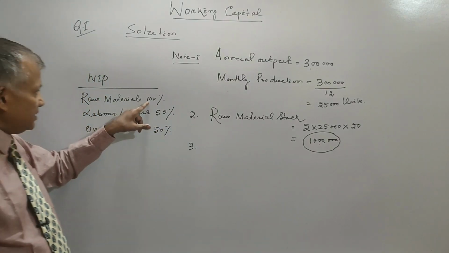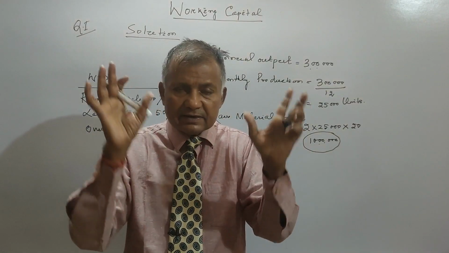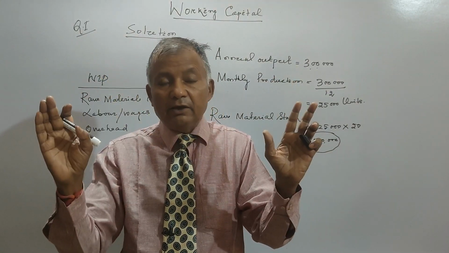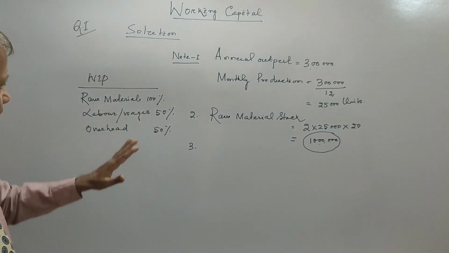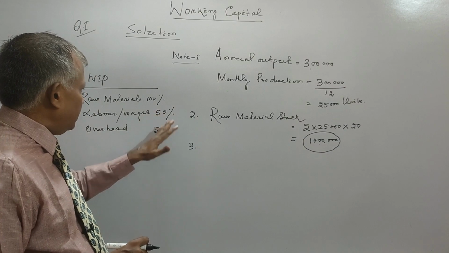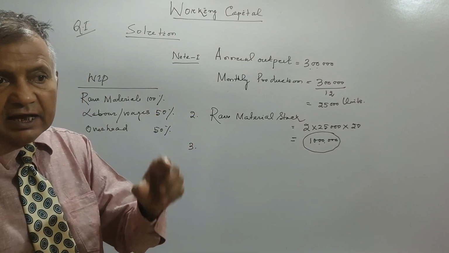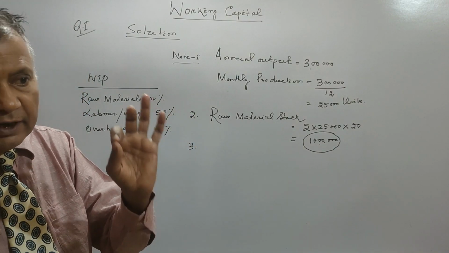So raw material is 100% supplied in case of valuation of work in progress. But in case of labor and wages, we will consider 50% of requirement.